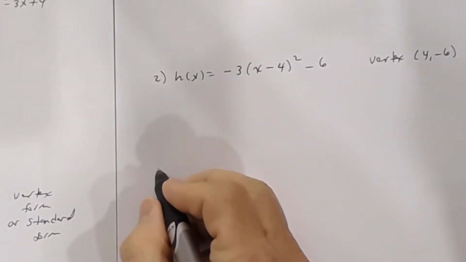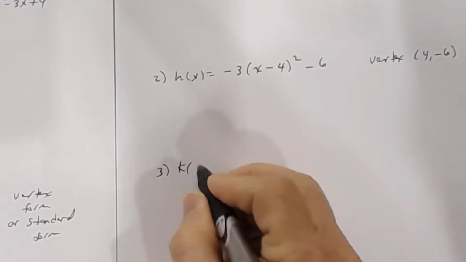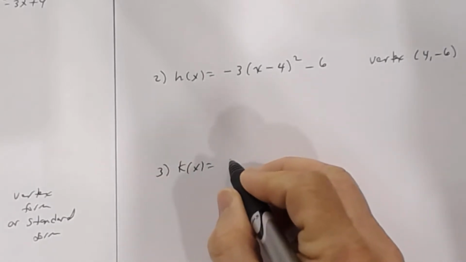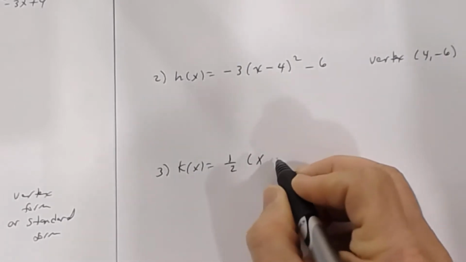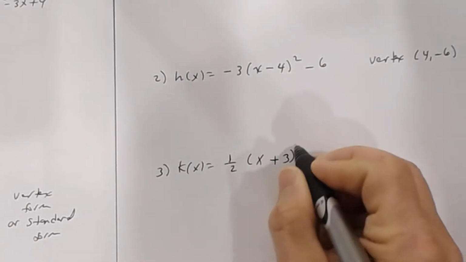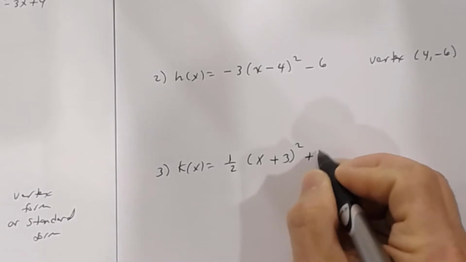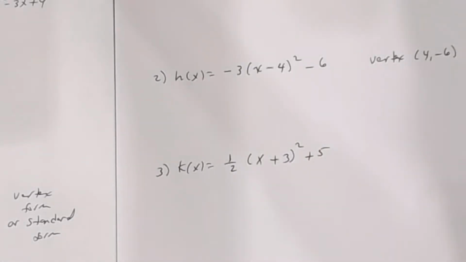Number 3, suppose I had k of x equals 1/2 times x plus 3 squared plus 5. What is the vertex?